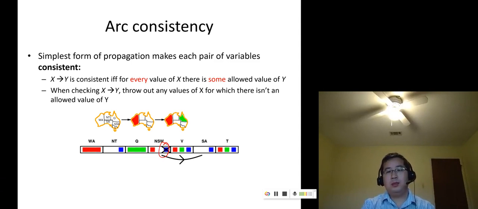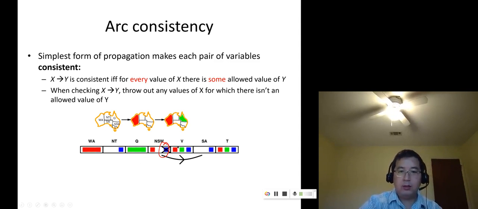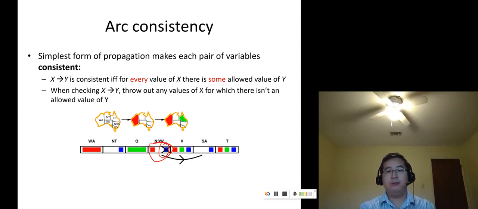Because this violates the arc consistency, we cannot choose that value. If you choose that value, there's no allowed value for its tied variable. So based on arc consistency, we can delete some values and reduce the legal value set for some variables.